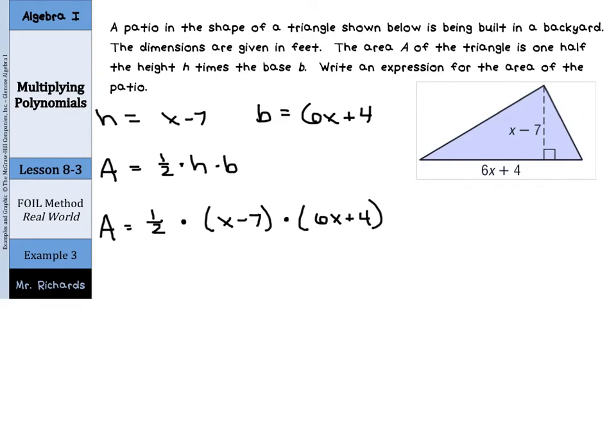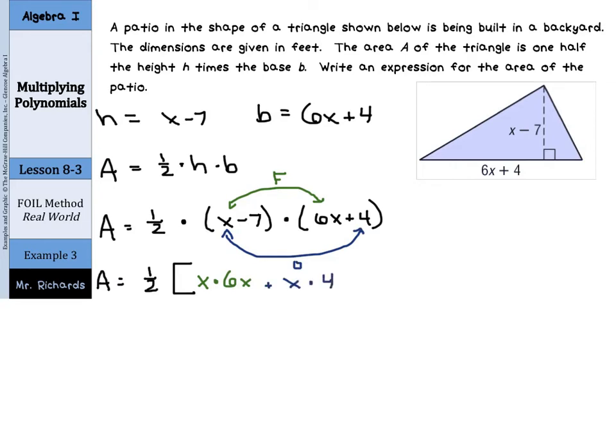And now we get to FOIL. So area is going to equal 1/2, and we'll put our results in this bracket here. So our first terms are going to be x times 6x, plus our outer terms, which is going to be x times 4.